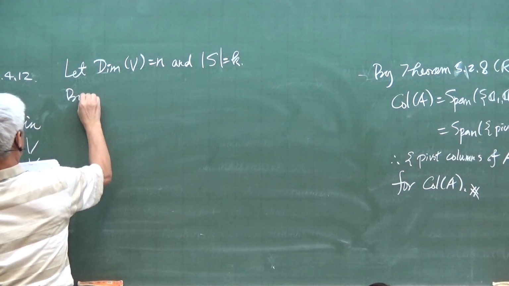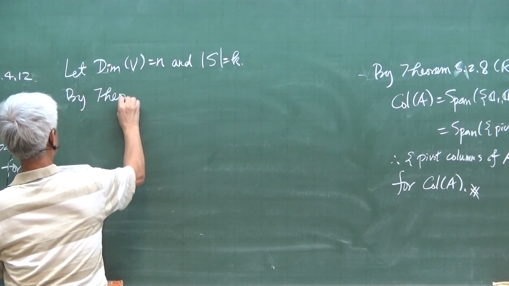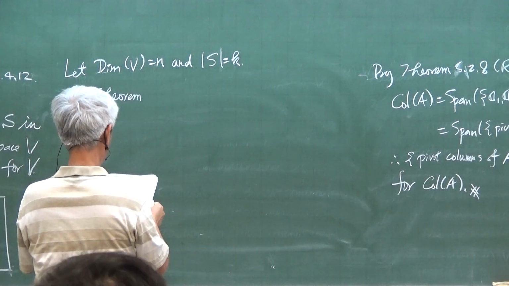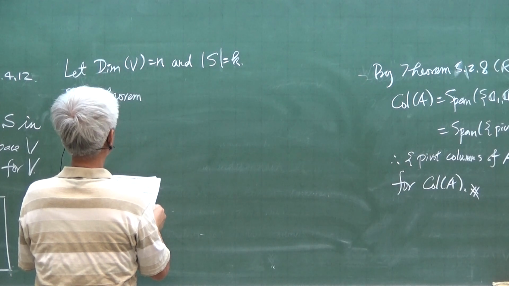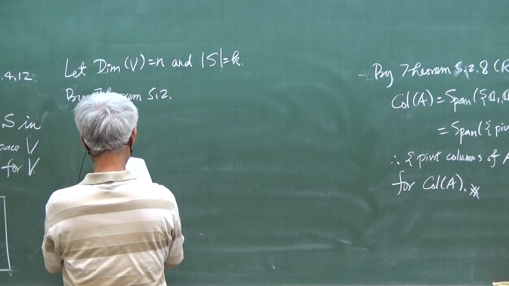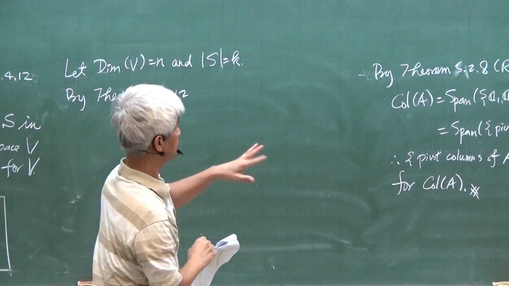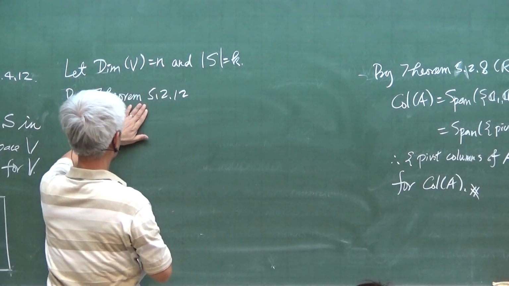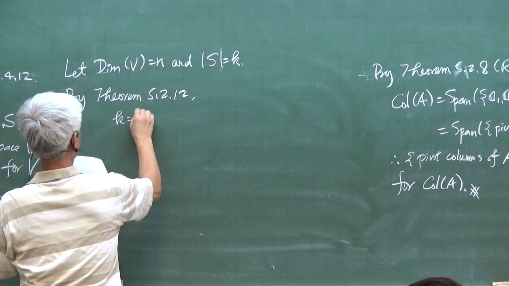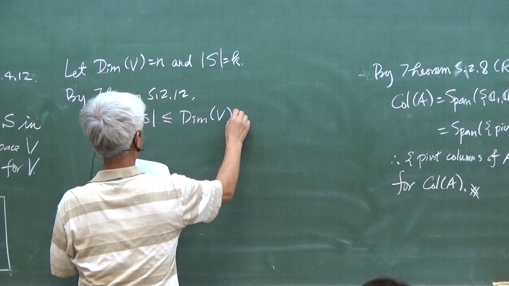Then by theorem 5.2.12, k, the size, is a lower bound of the dimension.